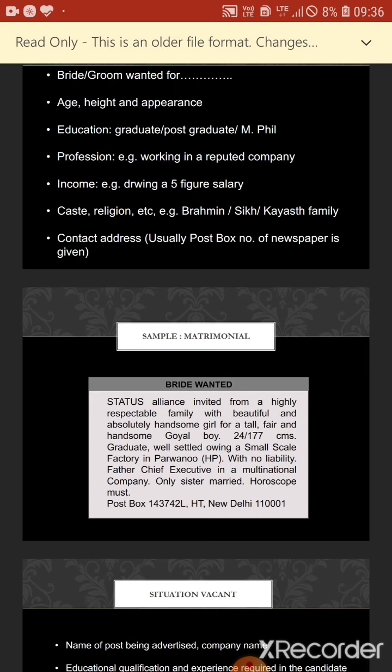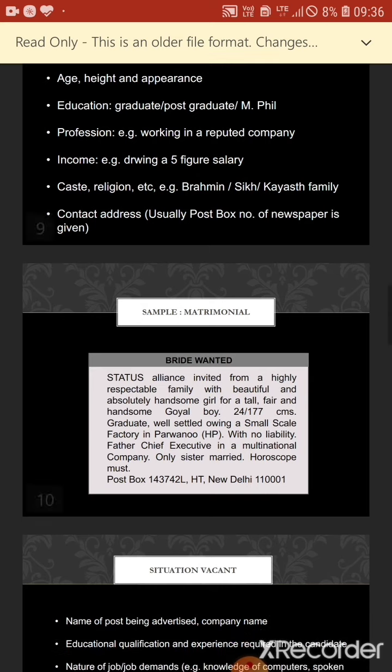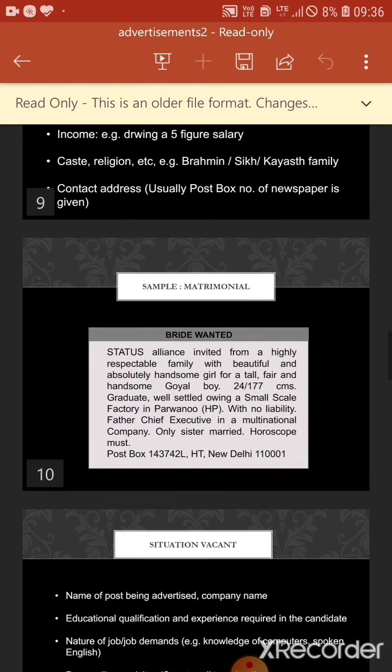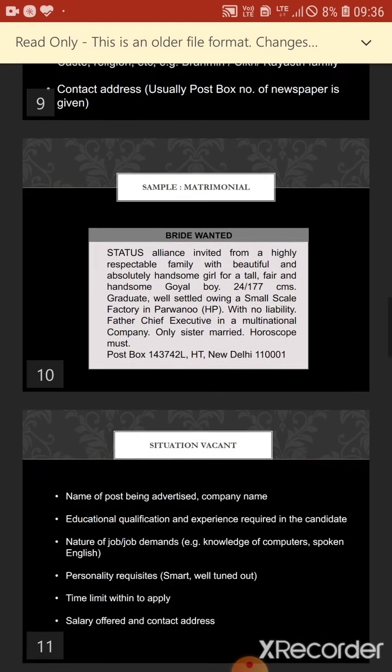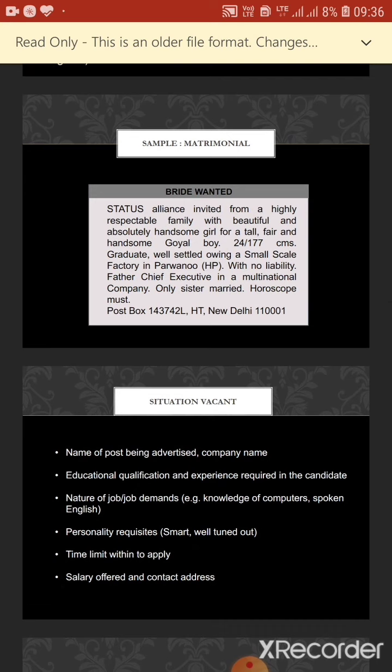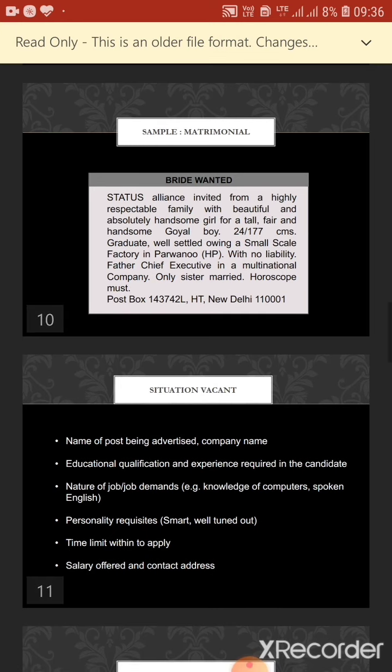The interested people will contact through it. Now, one sample of matrimonials is written here. Bride wanted is the heading of this classified advertisement, or simply matrimonials, or wanted a suitable match. Like that the heading could be given.